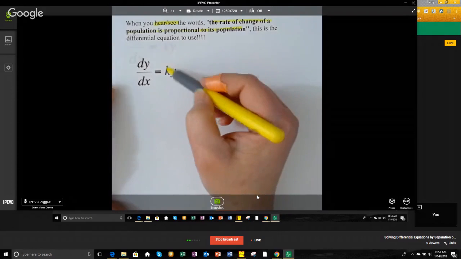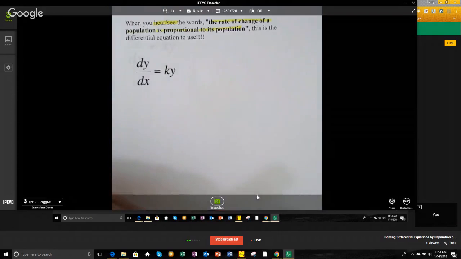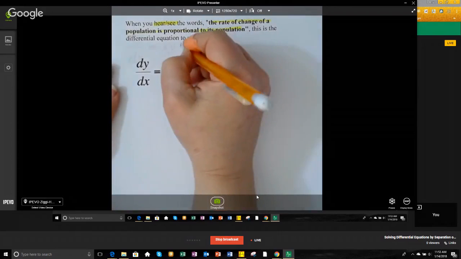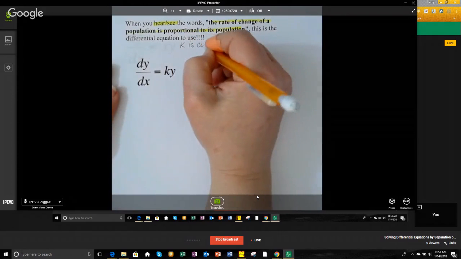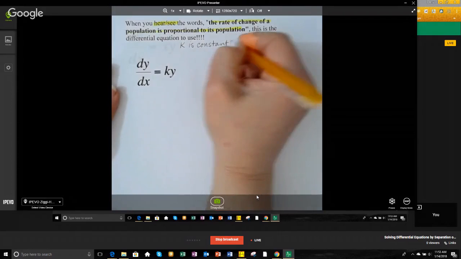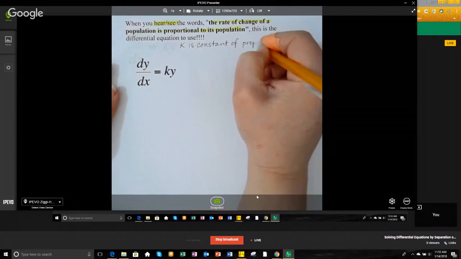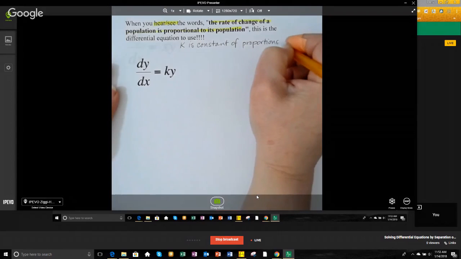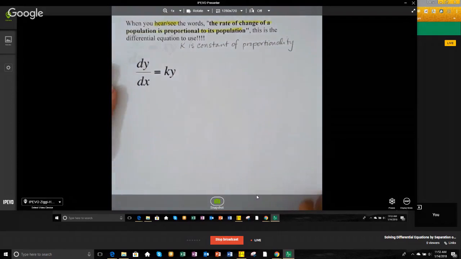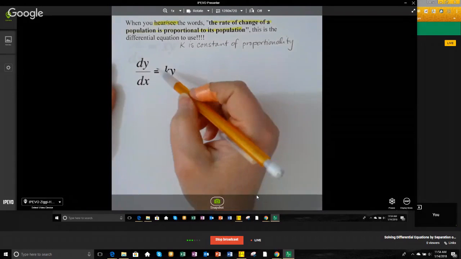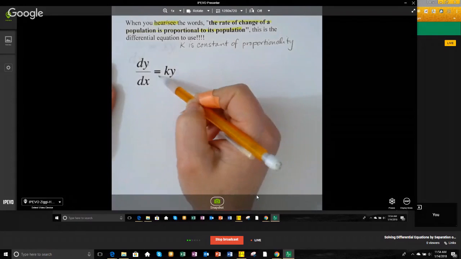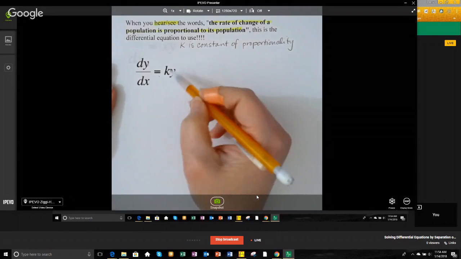Well, this means k is the constant of proportionality. And so this is the rate of change of y is equal to k times y, its population.